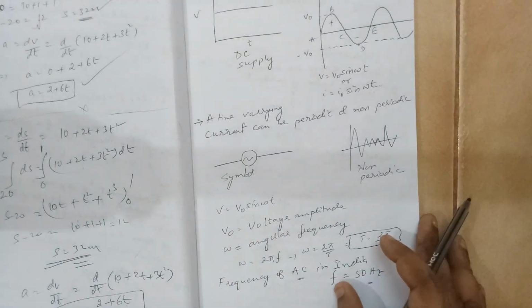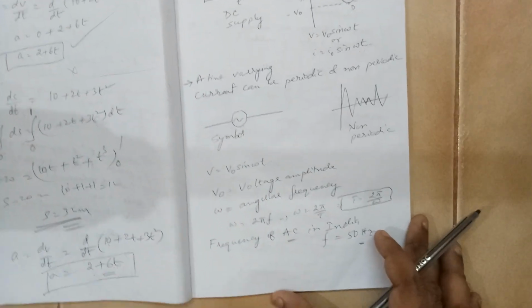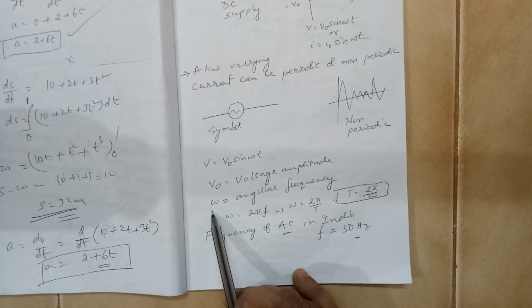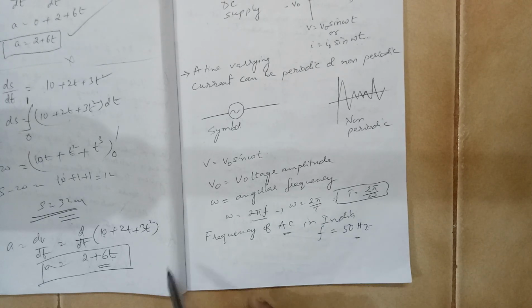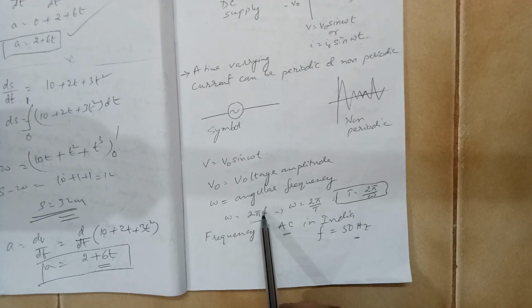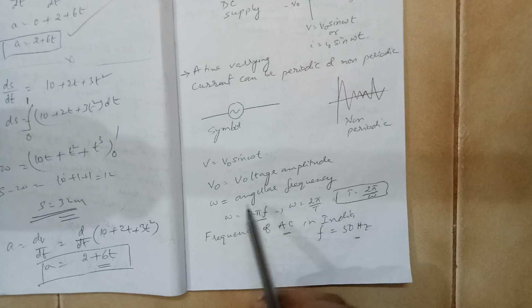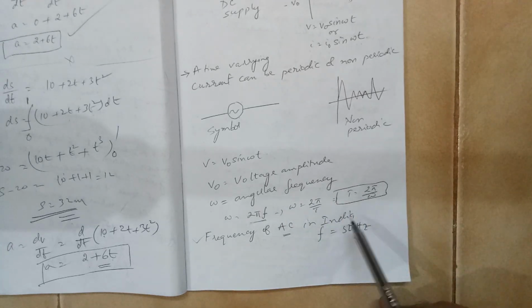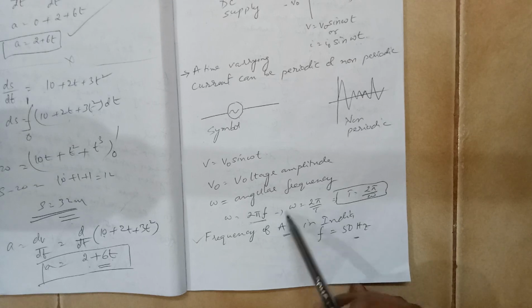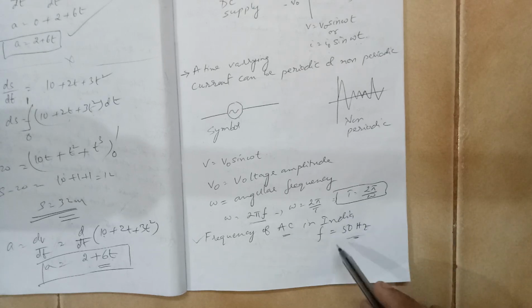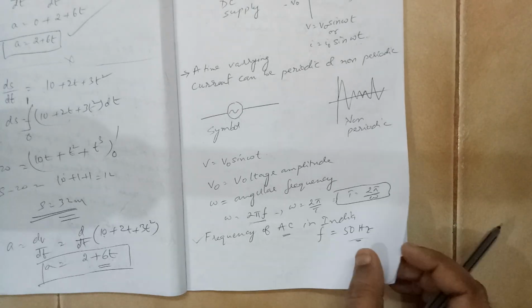Now this angular frequency omega, you will get it by this expression 2 pi f or 2 pi by T, because f is equal to 1 by T or T is equal to 1 by f. Normally in India, this frequency of alternating current is 50 hertz. Many times it is asked in competitive exams, so remember this value, 50 hertz it is.